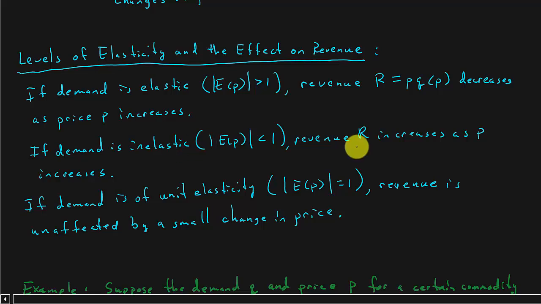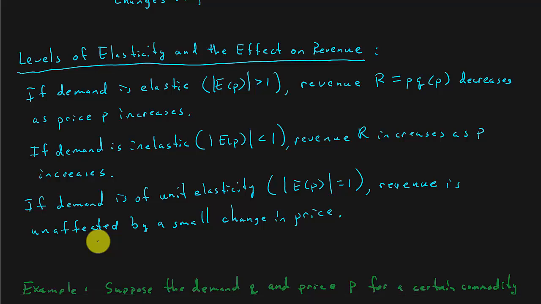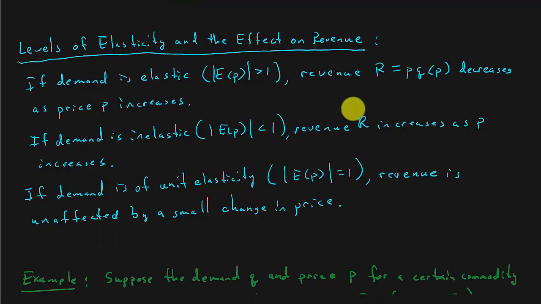And if it's inelastic, revenue increases as price increases. And if demand is unit elasticity, where it equals 1, revenue is unaffected by a small change in price. All right, so that's something you just need to know. Okay, you've got to know that.